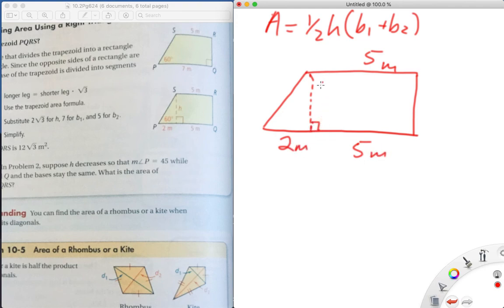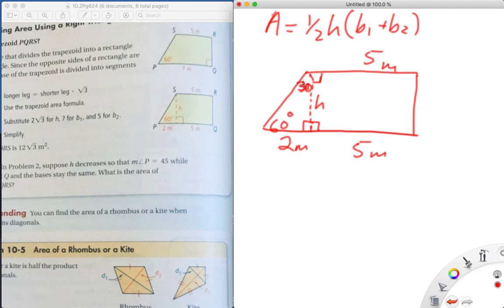This guy is perpendicular to both of them, so that tells me that this is the height, and they tell me that this is 60 degrees. So once I see that 60, that's automatic. This is going to be a 60, 90, and then this would make this 30.